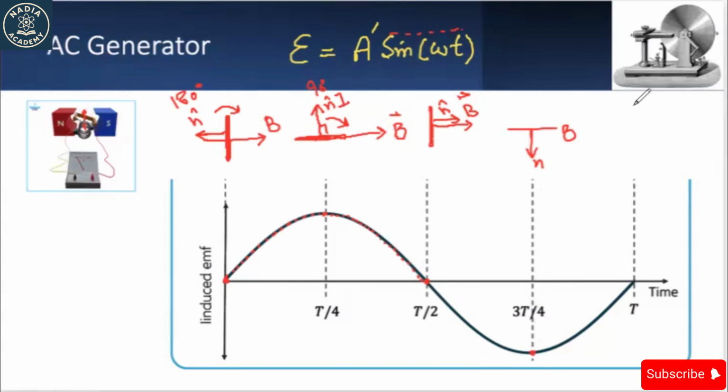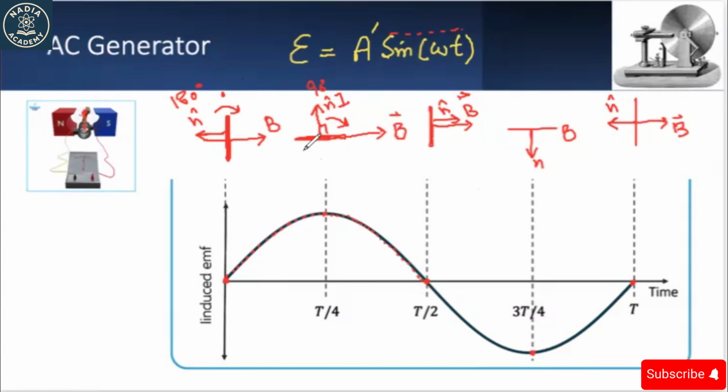And then again we come back to the initial situation, meaning that we have completed one cycle. This is the situation that I will call the 180 degree situation, which is the first point over here. And our induced EMF came back to 0.